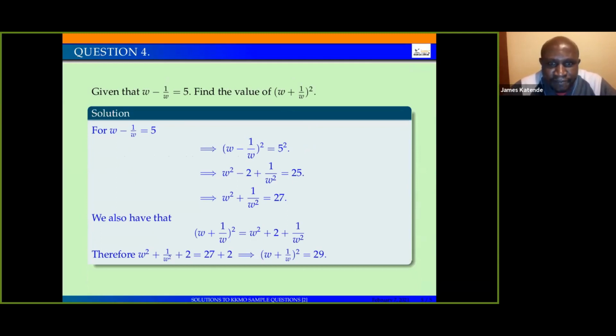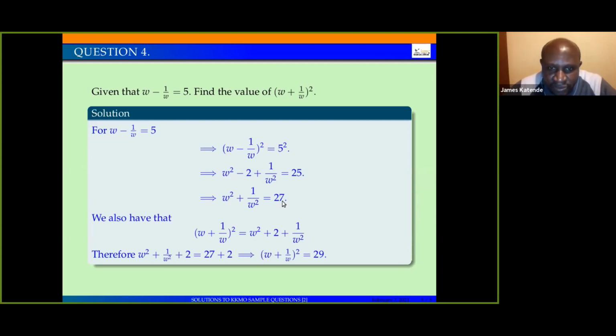Okay, again, here initially, when you look at it, you have to find a way of getting W plus 1 over W from W minus 1 over W. So what we did here is we squared W minus 1 over W, and that must be equal also to 5 squared.